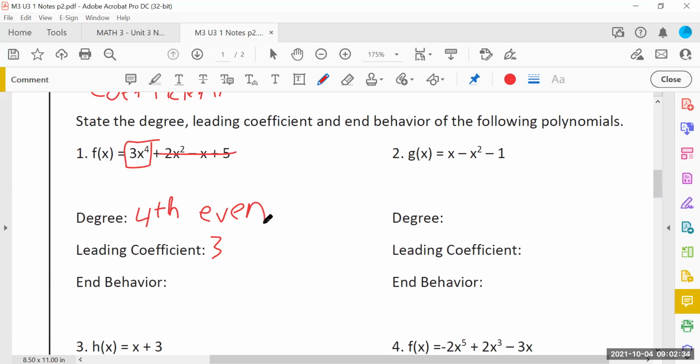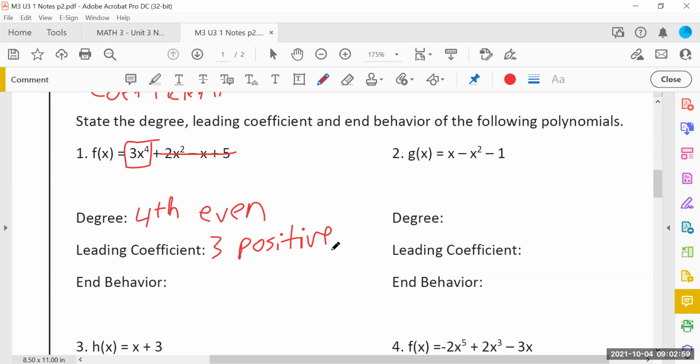Yeah, it's as simple as what you've done before, right? There's no new vocabulary for even or odd. It's literally look at the number that you picked. Is it an even number or an odd number? So 4th is even. The leading coefficient, is that 3 positive or negative? Positive. So this is an even positive function.